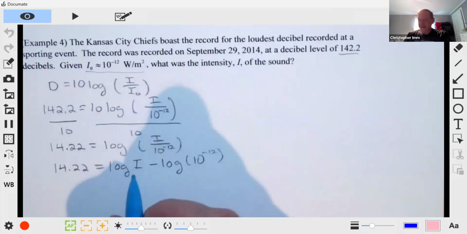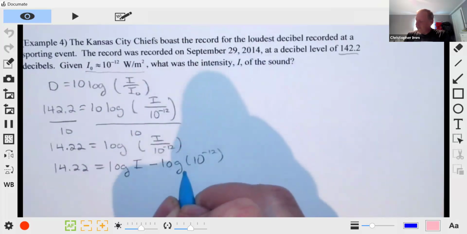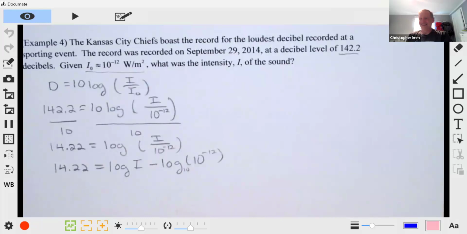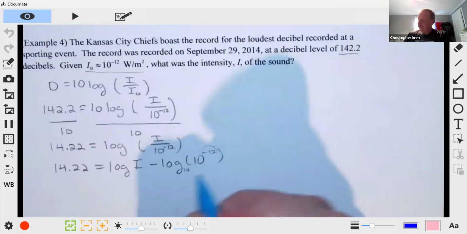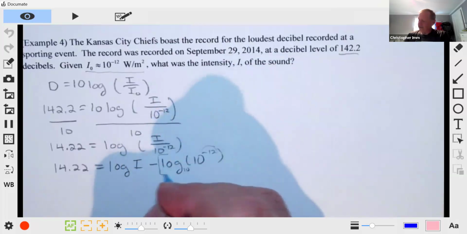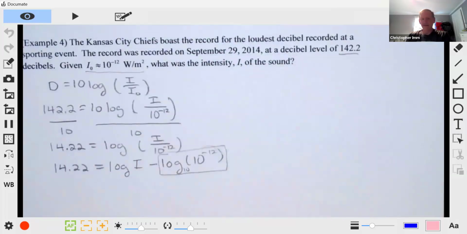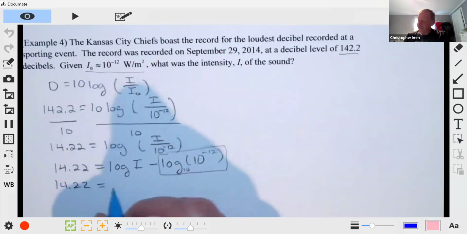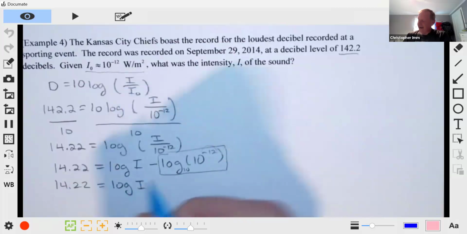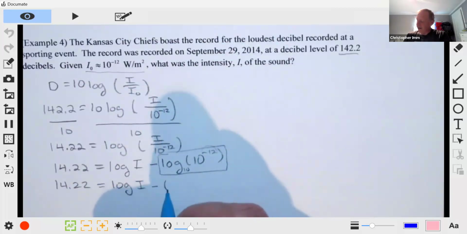Now, we're almost getting this I isolated. Remember that log is log base 10. This is log base 10 of 10 to the minus 12. So this whole term becomes the exponent, minus 12. We get 14.22 is equal to log of I minus a minus 12.